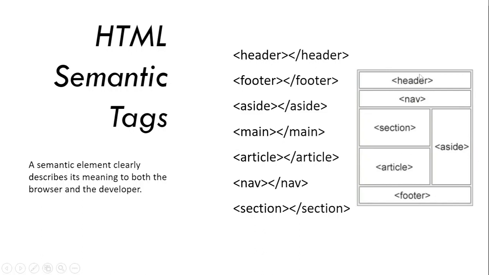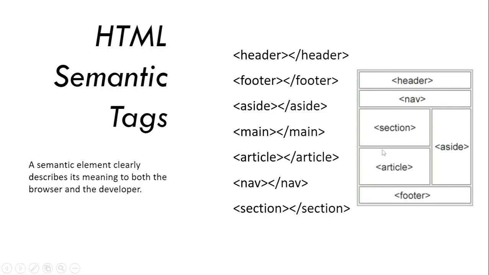So the header is basically where you can put in your logo, your social media links, and brand name, etc. And the nav, that's also known as the nav bar, where you can have links to different pages in your website. And the section is basically just where we can put in a portion of text for your home page.